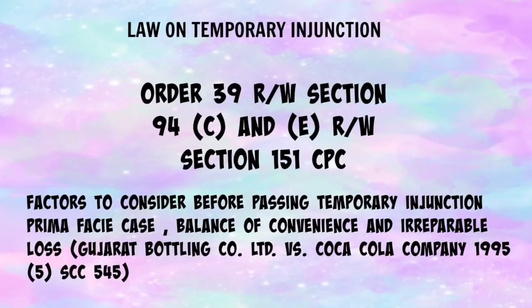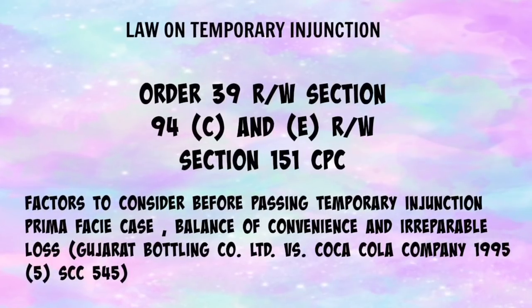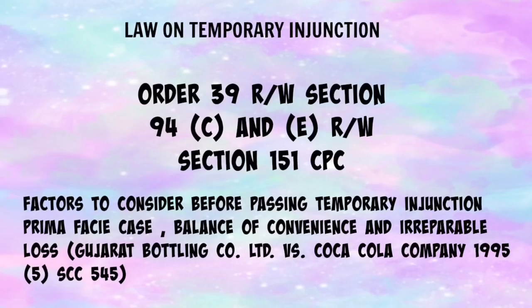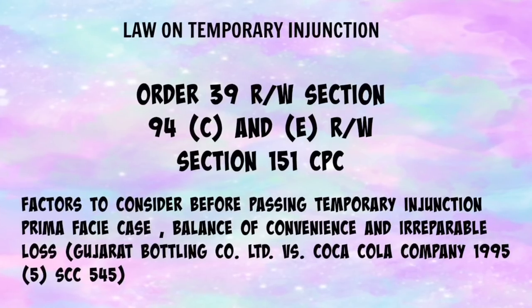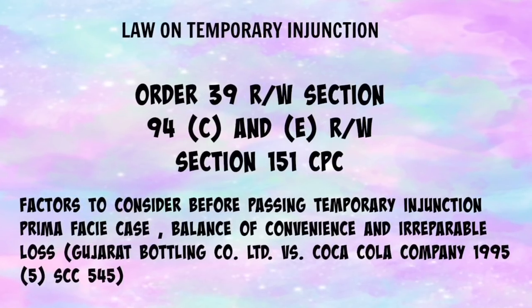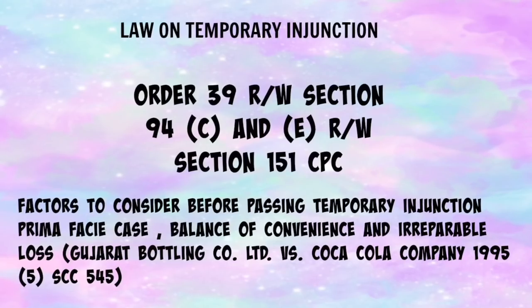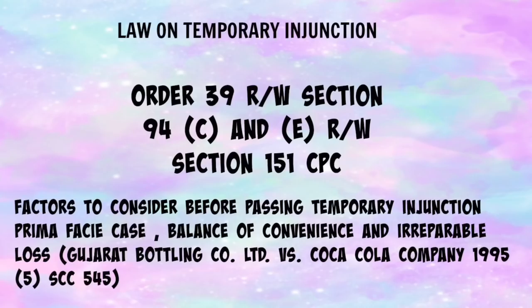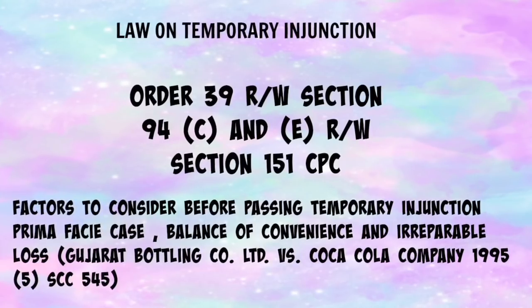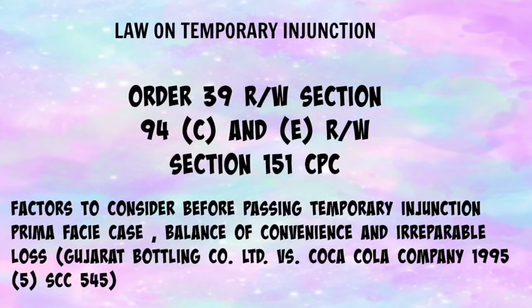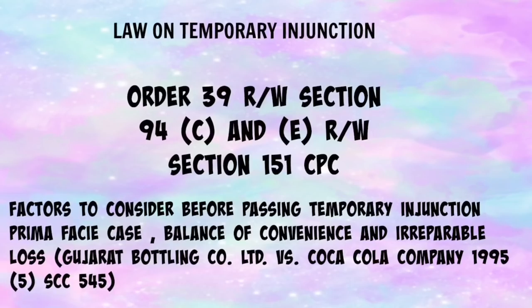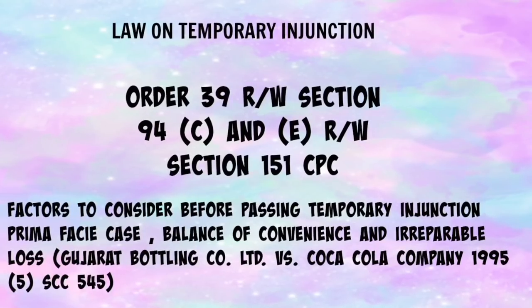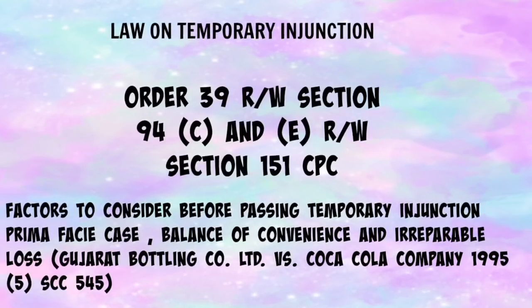Even though we will not be discussing the law on temporary injunction today, you should have a basic idea where the law on temporary injunction is given. So law on temporary injunction is given under Order 39 of the Civil Procedure Code and it can be read with section 94 clause C and clause E and also with section 151 of the CPC.